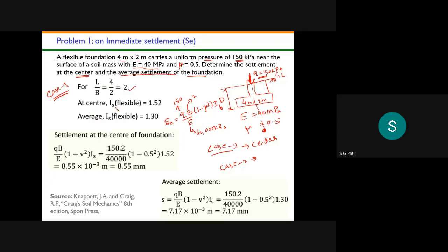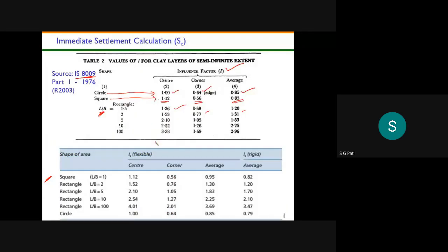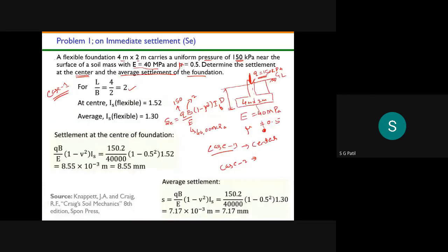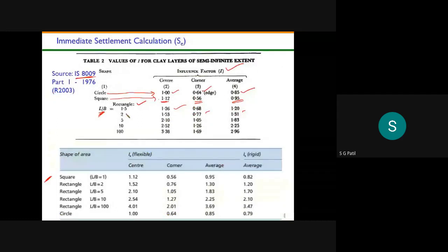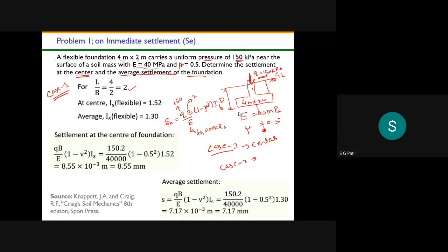If you refer to that table, for L by B of 2, the influence factor at the center is 1.52, and at the average it is 1.3. Simply substitute into the equation and you will get the answer.